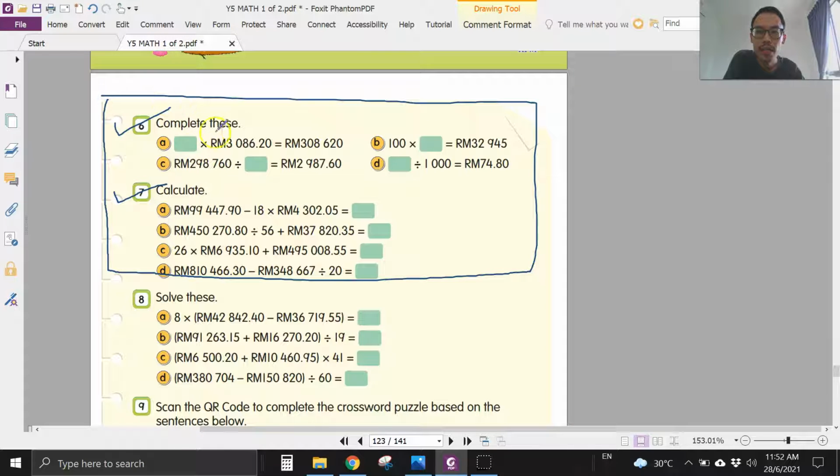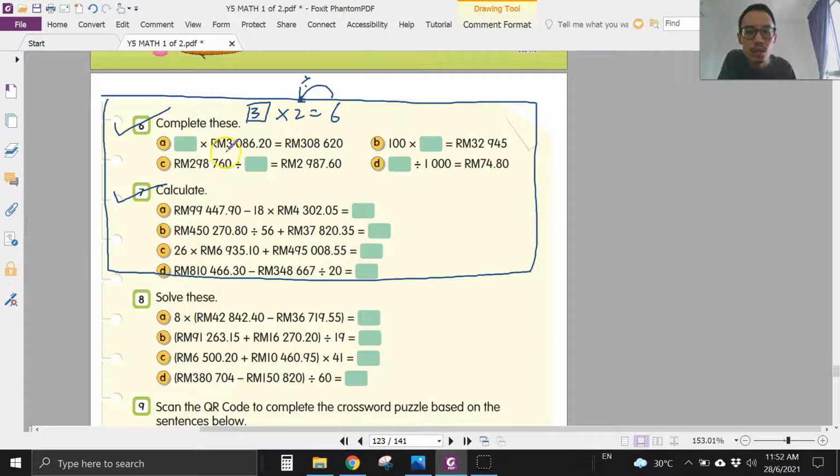Okay, for 6A, to find the unknown in front, I make the number smaller for you. What times 2 equals 6? So you know the answer is 3. What you do is you take 6 divided by 2. So you take the bigger number divided by the other.